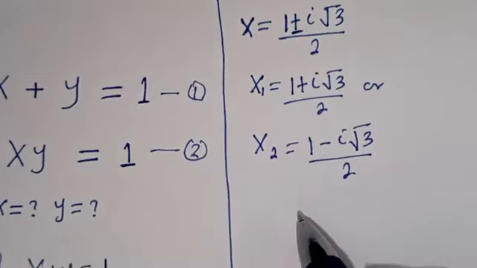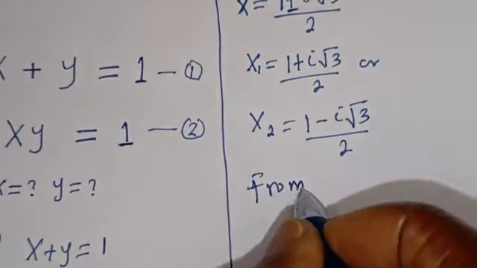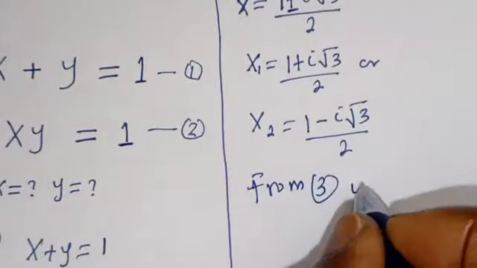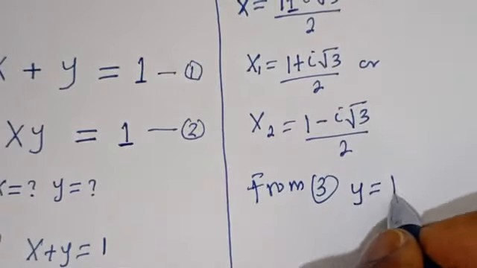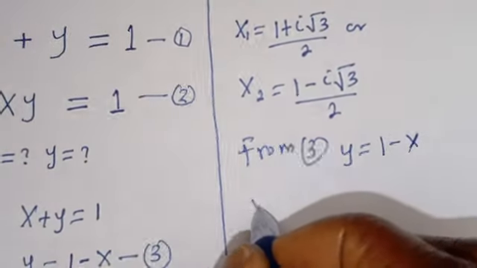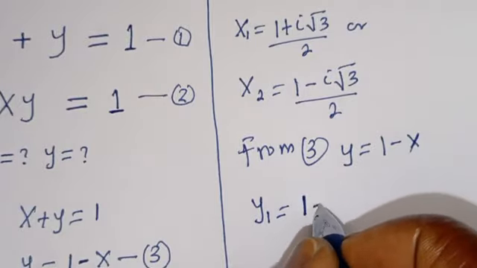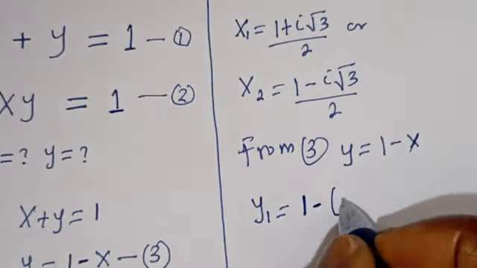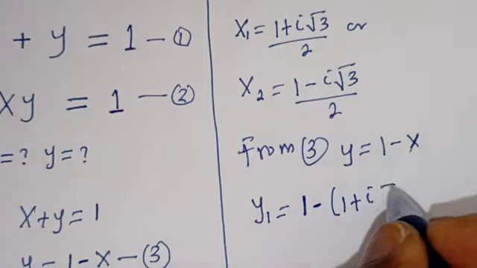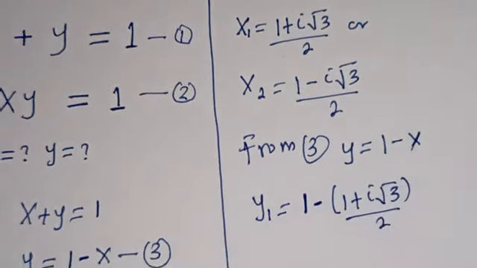We can solve for y1 and y2. Then from equation 3, y is equal to 1 minus x. Then y1 will be equal to 1 minus x1, which is 1 plus i square root of 3 divided by 2.